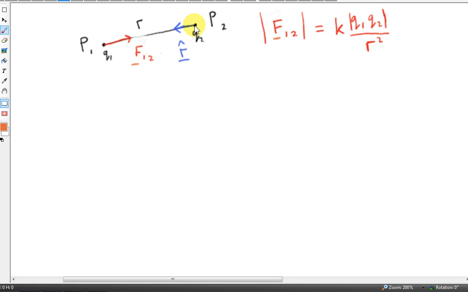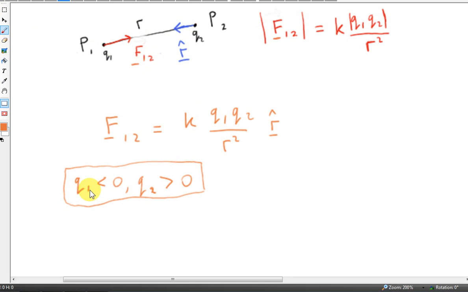Now I've put the unit vector R at Q2, but of course I could have shown it at the other charge. I could have shown it here. So these would be two different vectors, but it doesn't matter which way we describe F12. Now, if R is our unit vector, then the vector F12 is given by this here, and we are going to check that this makes sense.